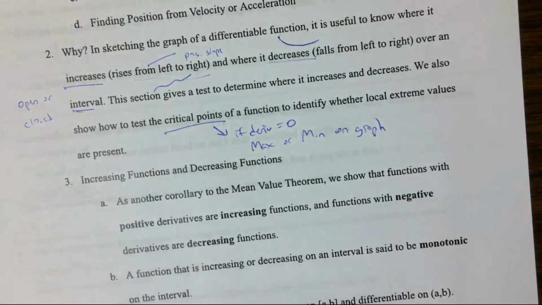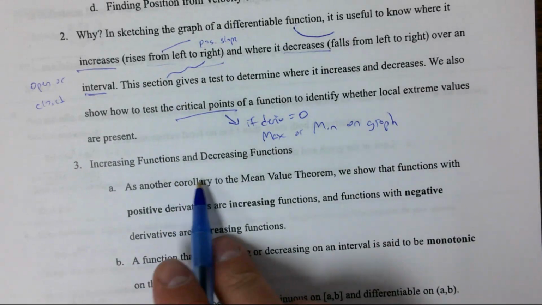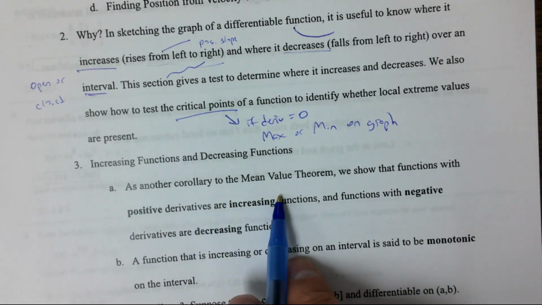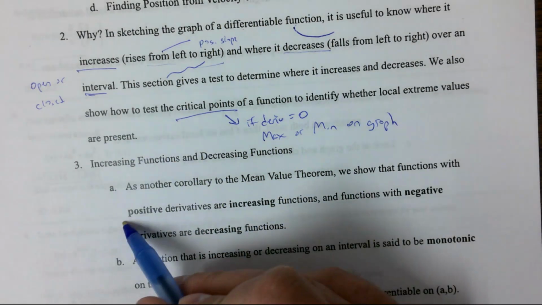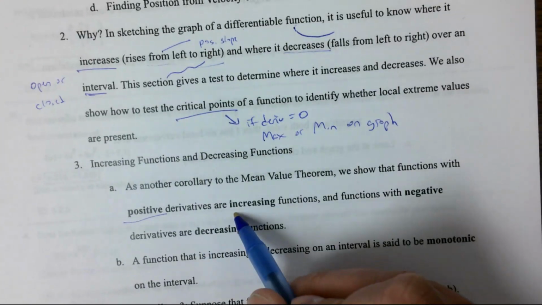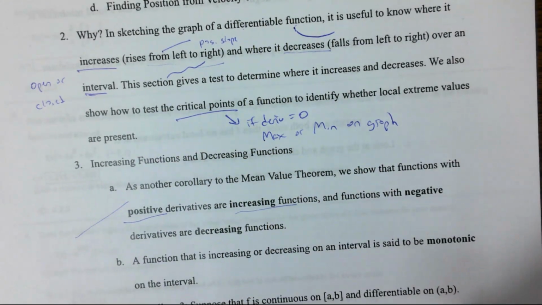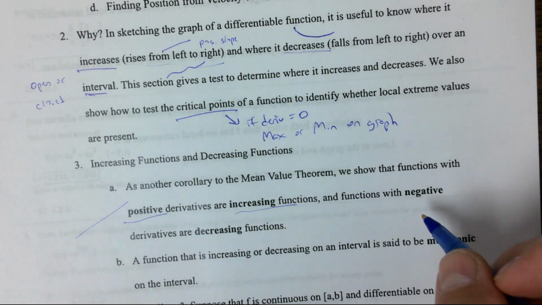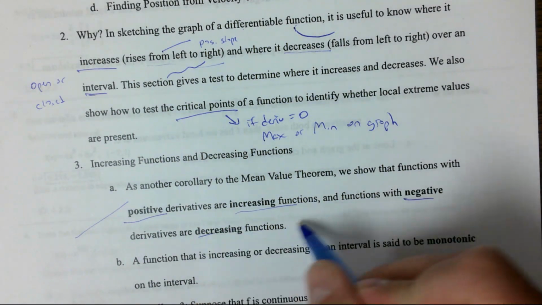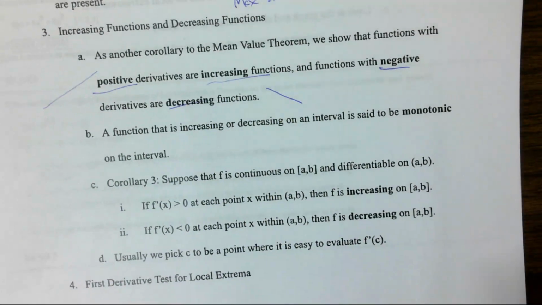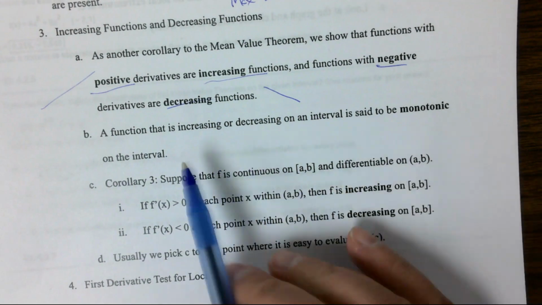So when we're talking about increasing and decreasing functions, the corollary to the mean value theorem says if it's a positive derivative, it's going to be increasing. So then you know it's going up at that particular section. And if it's negative, it's decreasing, which means it's going down. So we do know that attribute about it.